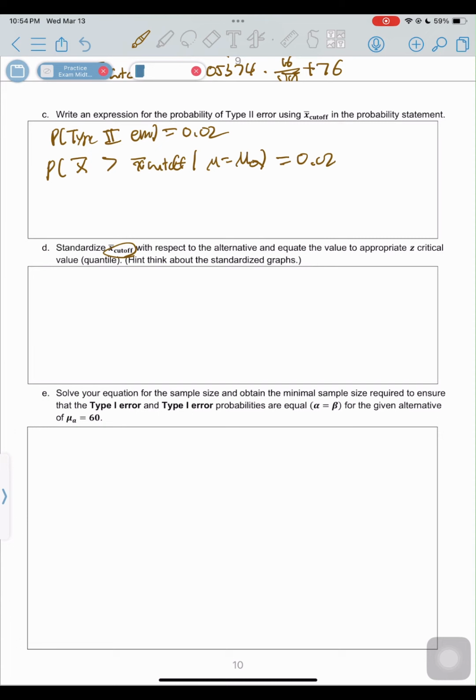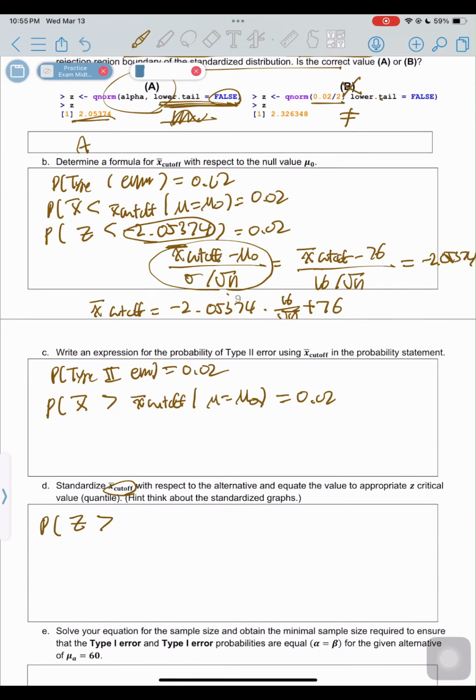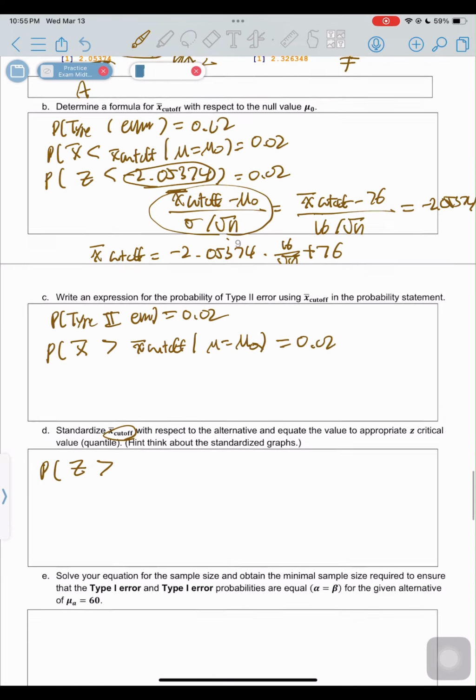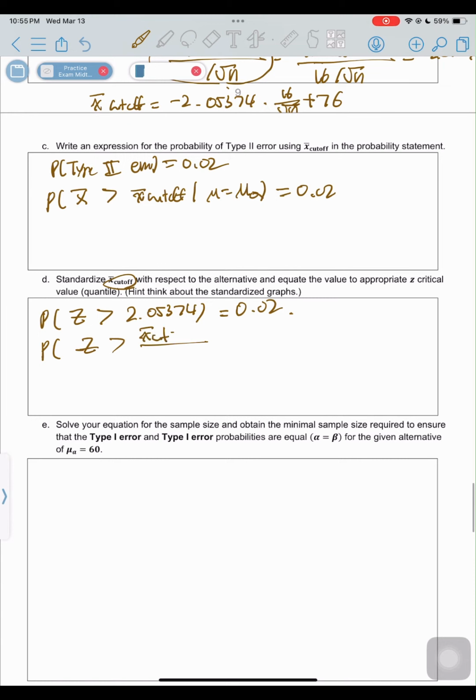And then standardize the X cutoff. It's similar logic. So you can do P of C greater than, and since this is greater than, we can use 2.05374 as a positive value. That is equal to 0.02. If you standardize it, this becomes P of C greater than X cutoff minus mu A over sigma over square root of n, equal to 0.02.